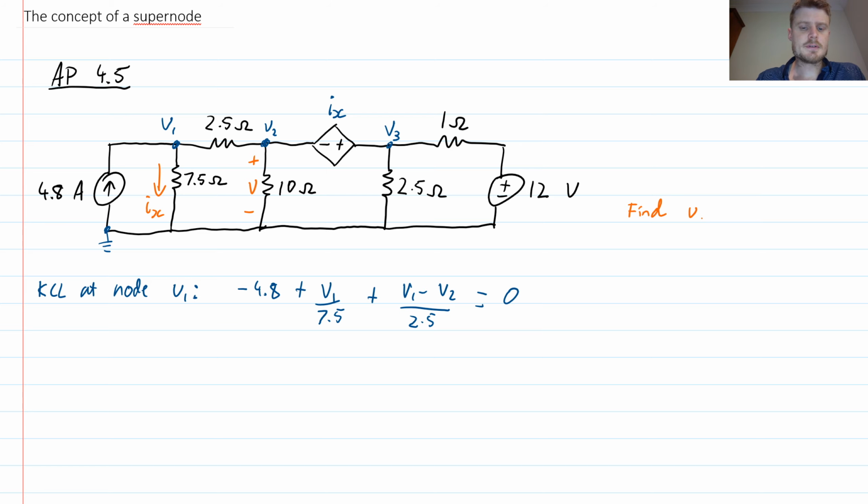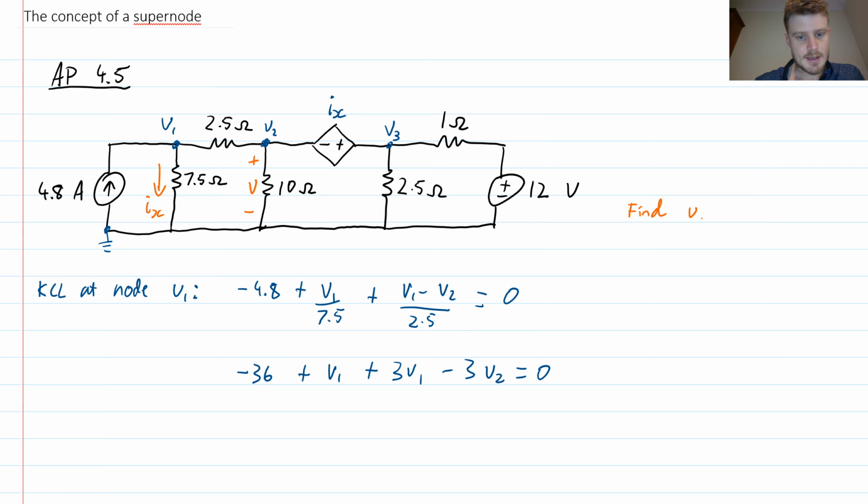I should clean up this equation a little bit. I'll multiply the equation by 7.5, which clears the fractions. 4.8 times 7.5 is 36, so this gives me negative 36 plus V1 plus, since 7.5 divided by 2.5 is 3, 3V1 minus 3V2 equal to 0.